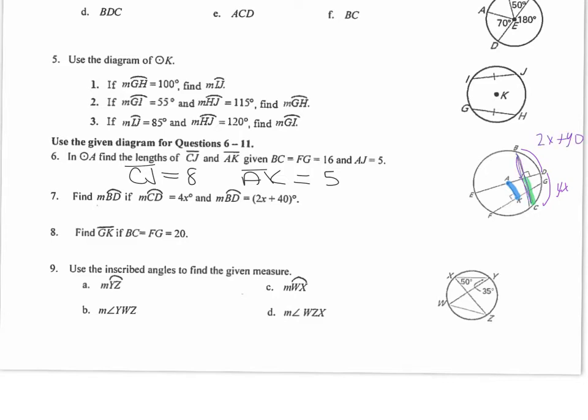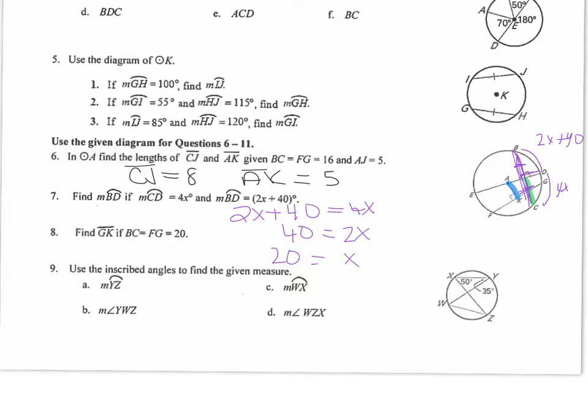So because this chord is perpendicular to the diameter, that cuts this and this into 2 equal pieces, which cuts my corresponding arcs into 2 equal pieces. So 2x plus 40 equals 4x. So 40 equals 2x, so x equals 20.